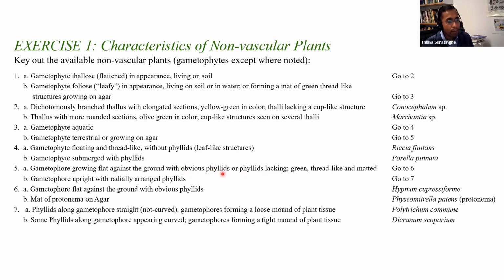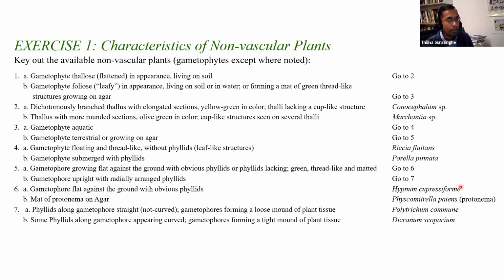So obvious phyllids or phyllids lacking, green in color, thread-like in appearance, and forms a mat. That's one option. The other option is gametophore upright with radially arranged phyllids.